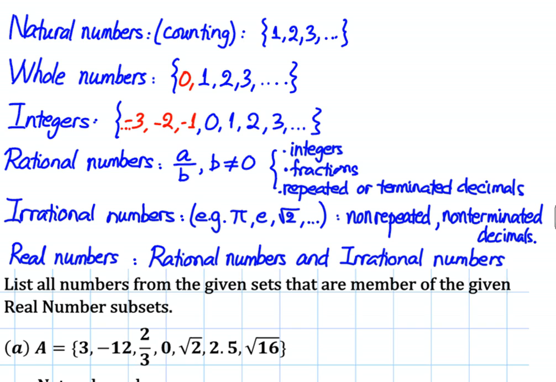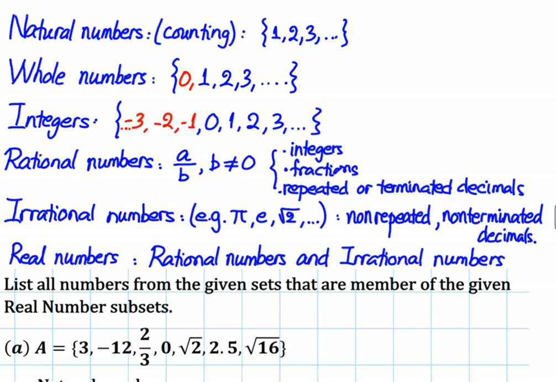Rational numbers are considered any number that you could write with a numerator and a denominator, but the denominator cannot be equal to 0. So those include the integers. Yes, you can take a whole number or an integer and make it a fraction by saying, for example, 3 would be 3 over 1.